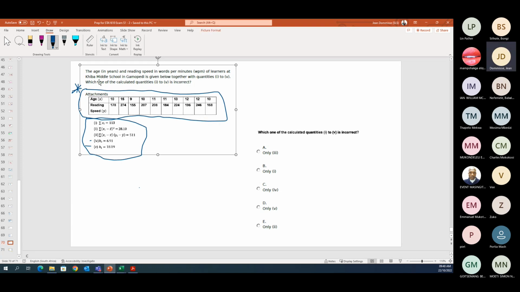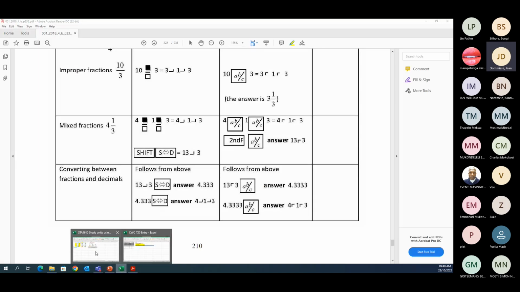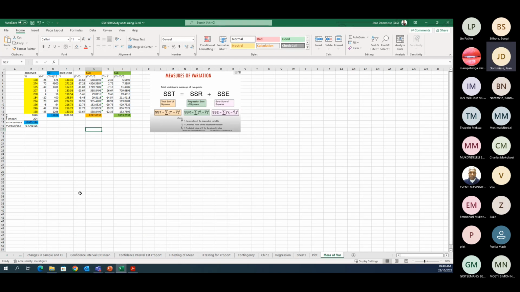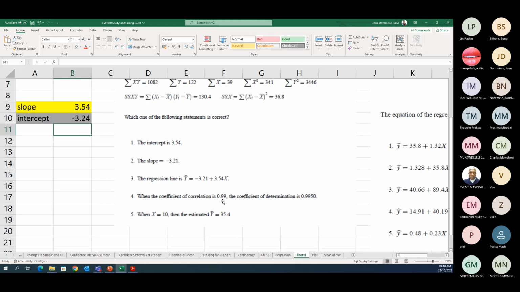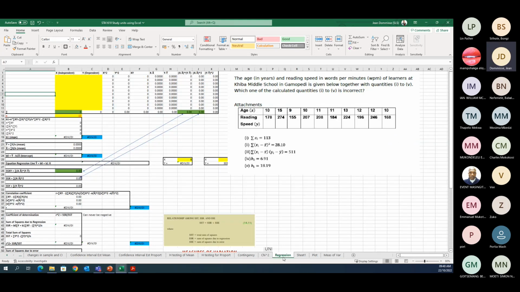Otherwise, you must be very good at remembering certain things. Okay, so let me just see where we are. Okay, so here is the one that we're going to use. All of that is empty, so I'm going to use this one.